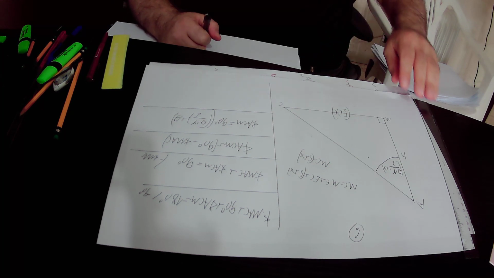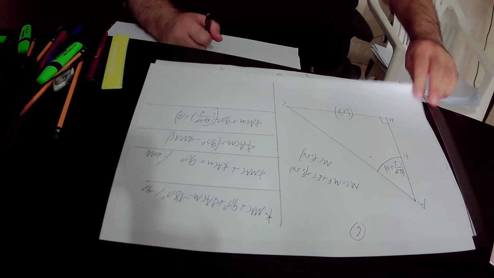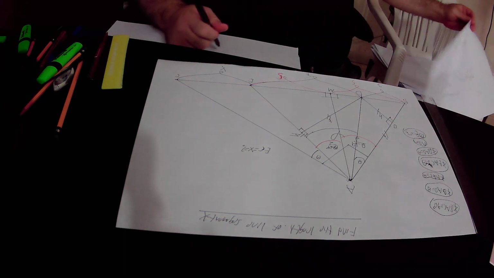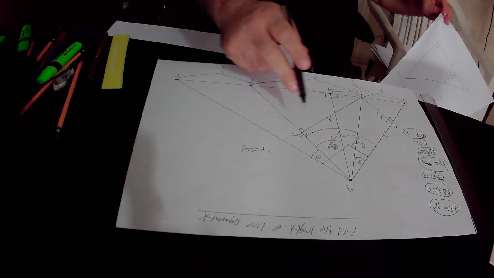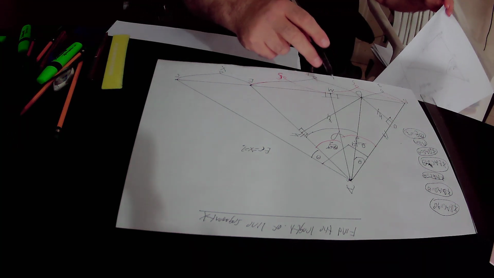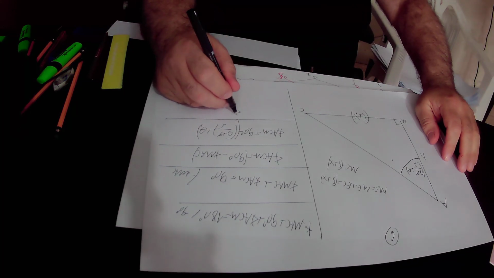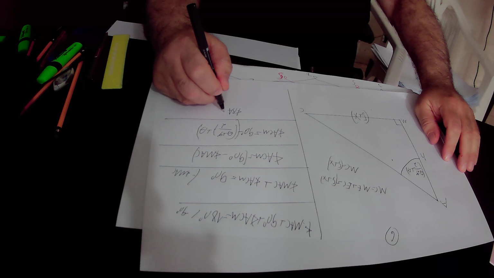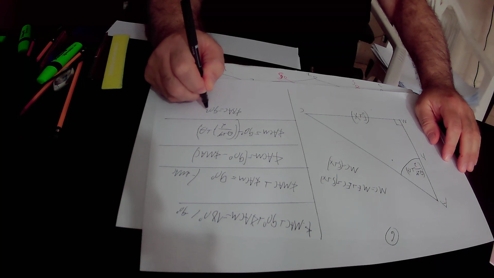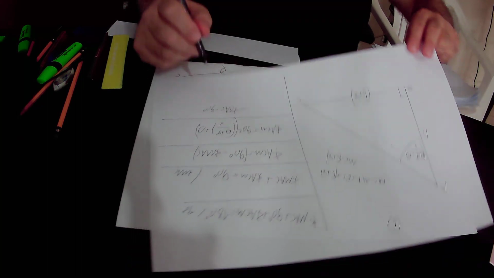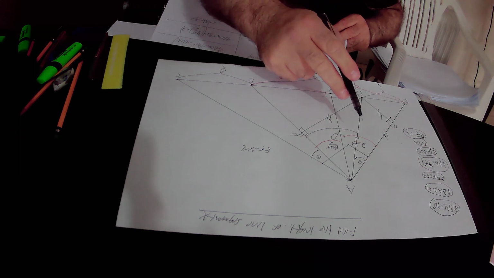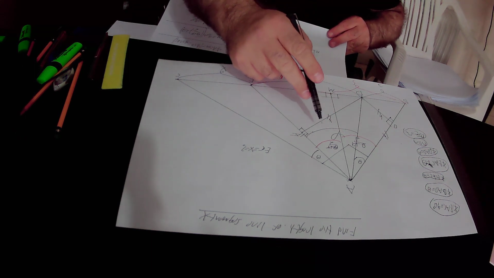But we know that angle BAC from one side equals 90 degrees. It is given in the question. But from the other side, angle BAC equals theta plus alpha plus theta.